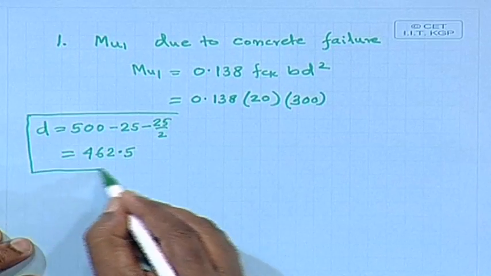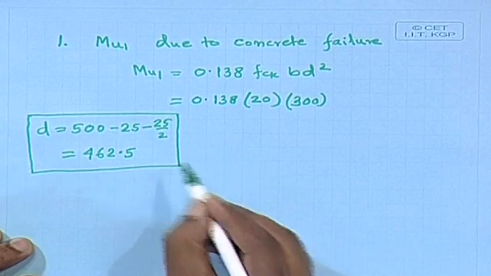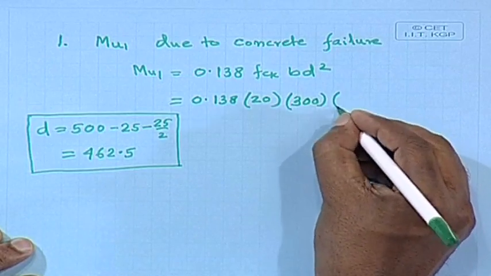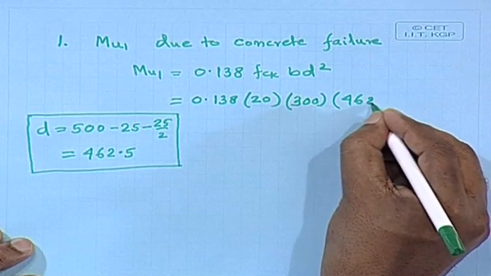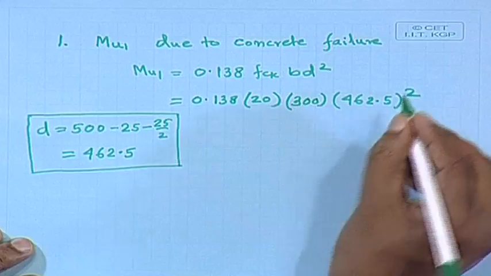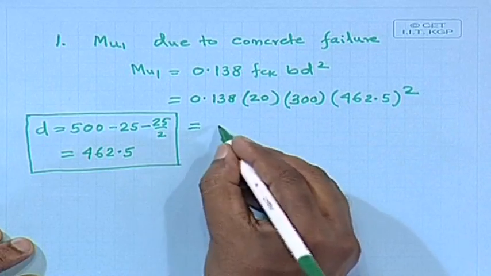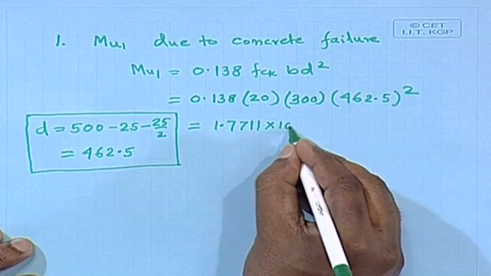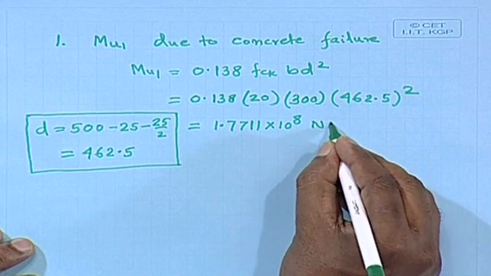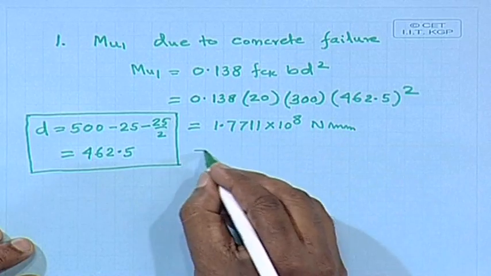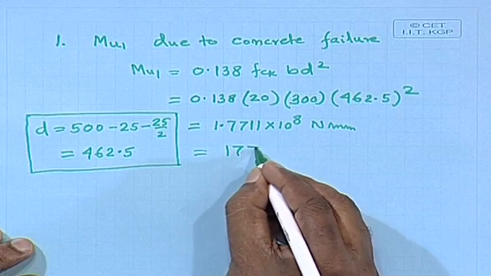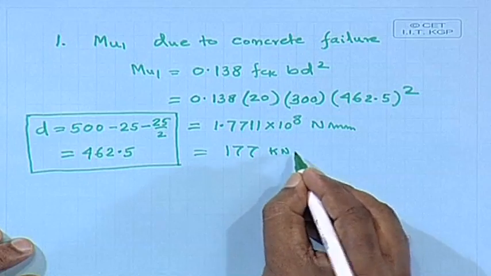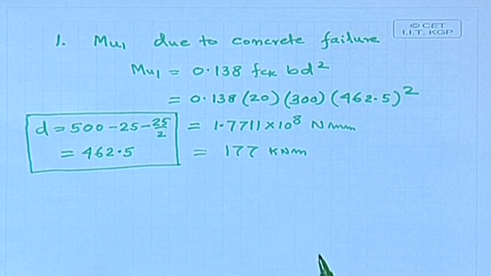The top and bottom reinforcement diameters are different, please note. 462.5 whole square, equal to 1.7711 times 10 to the power 8 Newton millimeter, let us say 177 kilonewton meter.